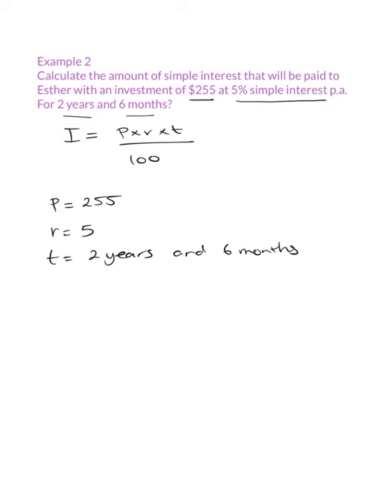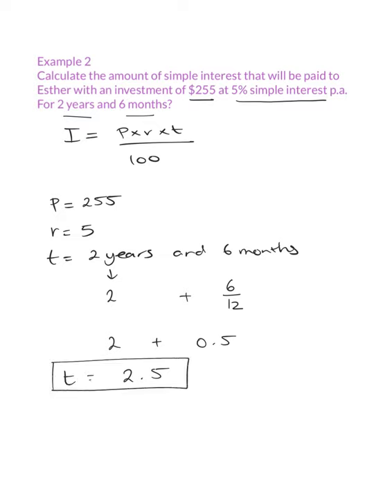Remember, time always needs to be in terms of years, so we'll leave 2 years as it is, and plus means addition. Now 6 months, we need to convert that into years. So it's months, so there's 12 months in a year, so we need to do 6 divided by 12, and that gives us 0.5, so that's a total of 2.5 years. So T therefore equals 2.5 years. Next, we need to sub these into the formula.